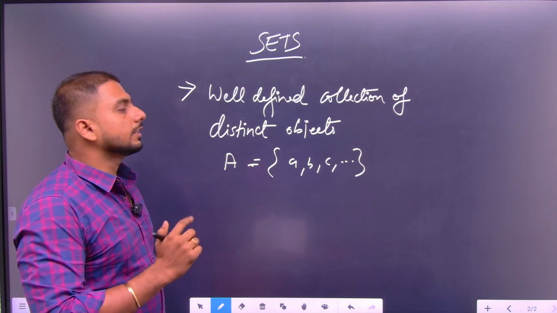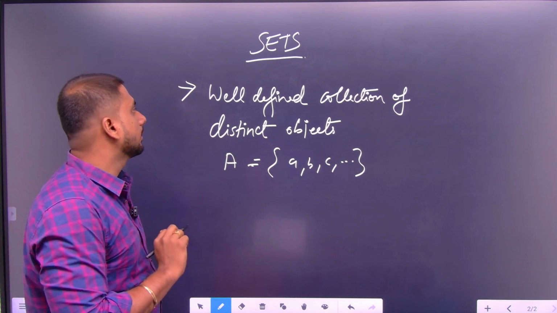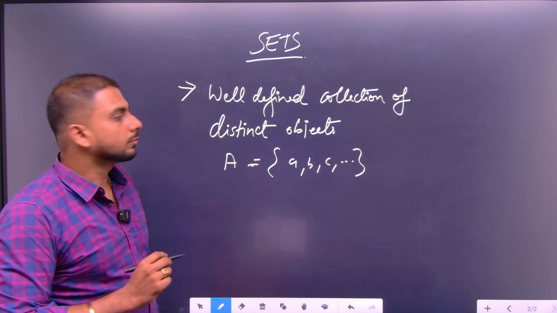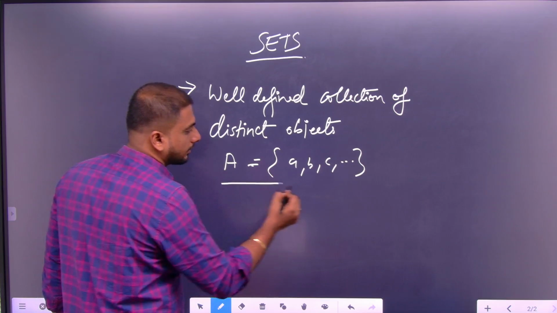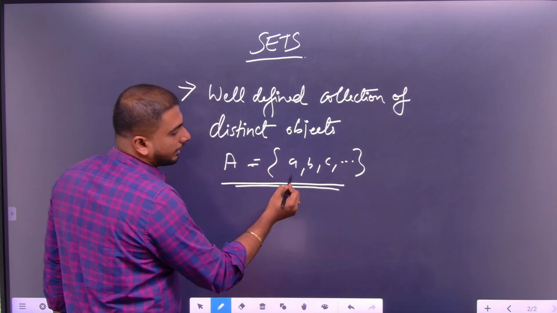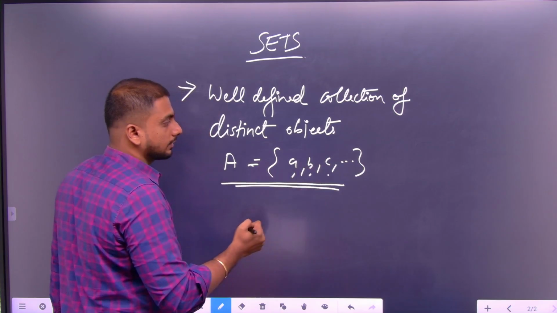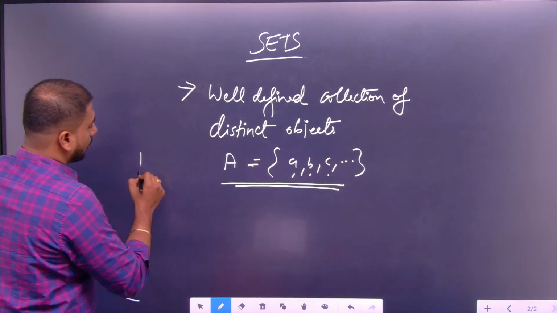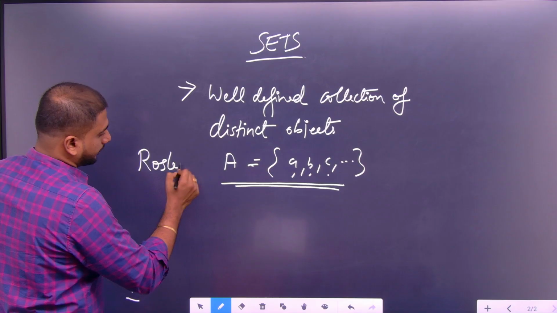Now there is another way of writing these sets as well. This form of writing the sets with each of its elements separated by commas is known as roster form.